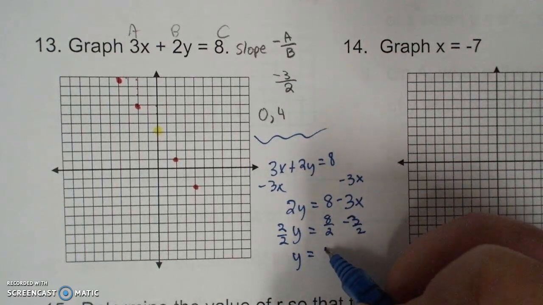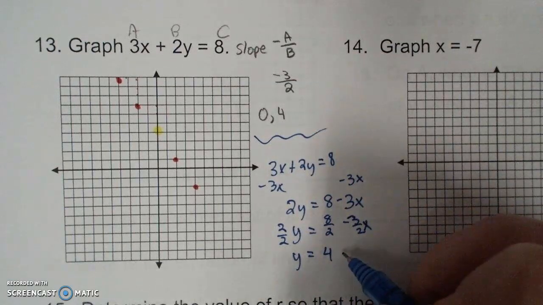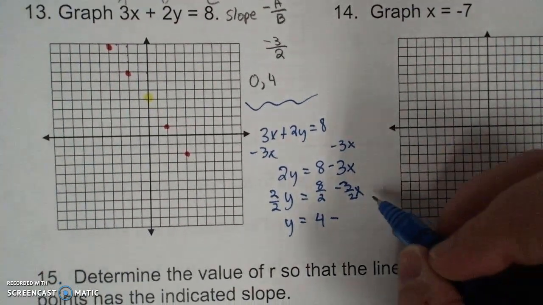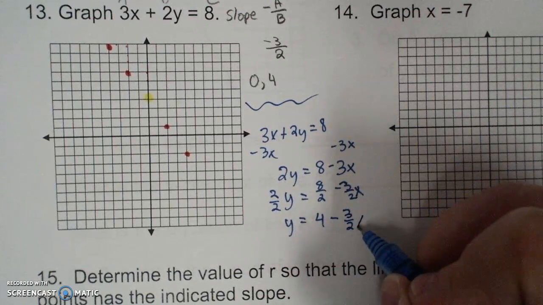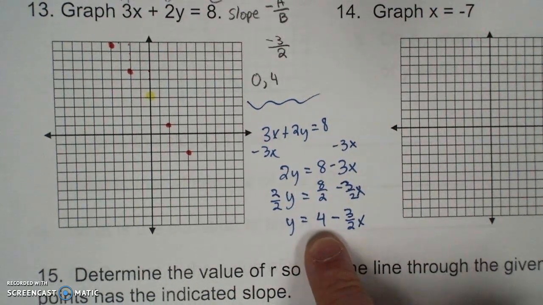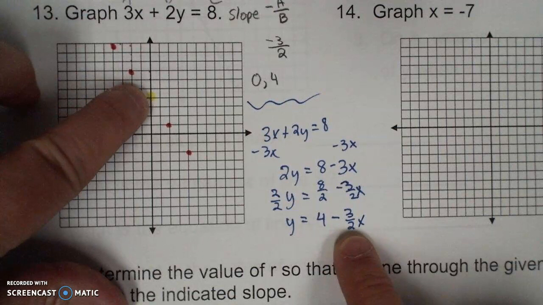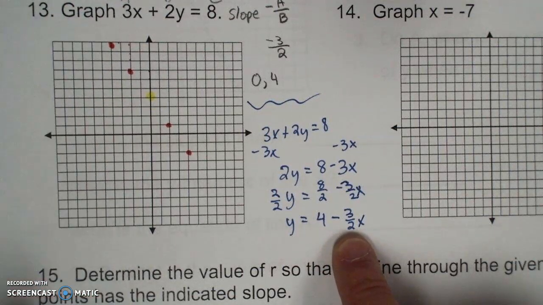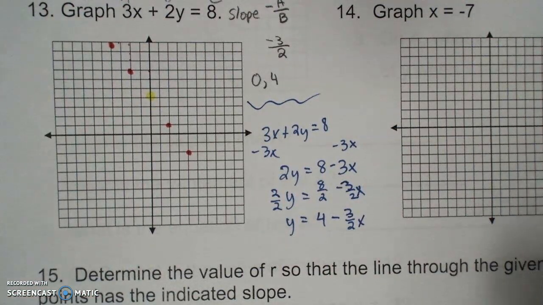Simplify. Y equals 4 minus 3 halves x. I put my first point at the y-intercept, which is 4, which is that dot, and I travel by -3 over 2.